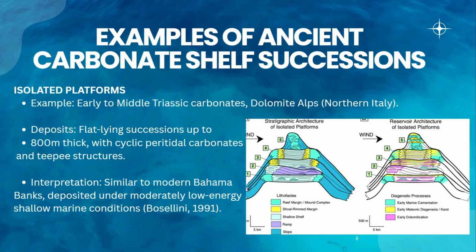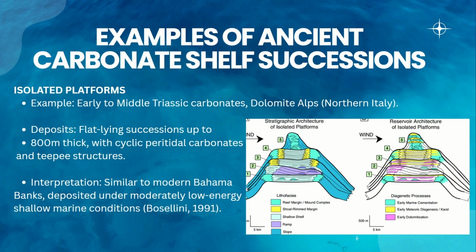On the next slide are examples of ancient carbonate shelf successions. We have here the isolated platforms, the Early to Middle Triassic carbonates of the Dolomite Alps from northern Italy. Here are the deposits, a flat-lying succession up to 800 meters thick with cyclic peritidal carbonates and teepee structures.